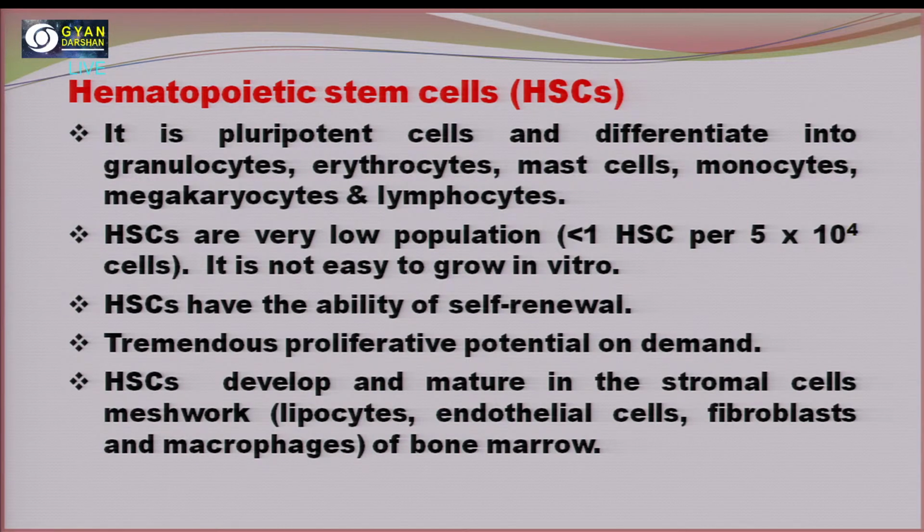HSCs develop and mature in the stromal cells. The stromal cells form a meshwork containing lipocytes, endothelial cells, fibroblasts and macrophages of the bone marrow. This stromal cell meshwork is able to support the hematopoietic stem cells. It is very important for growing the different types of cells in the bone marrow.